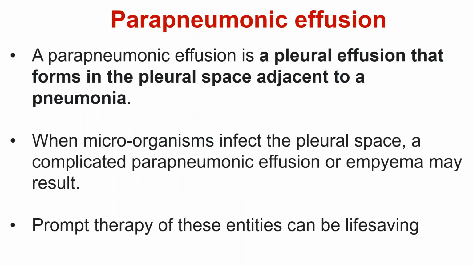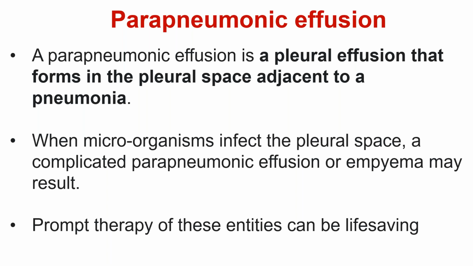Then there is a patient of consultation, and the patient also has pleural effusion. You are always asked this question, and you can have a short note on parapneumonic effusion. What is parapneumonic effusion?